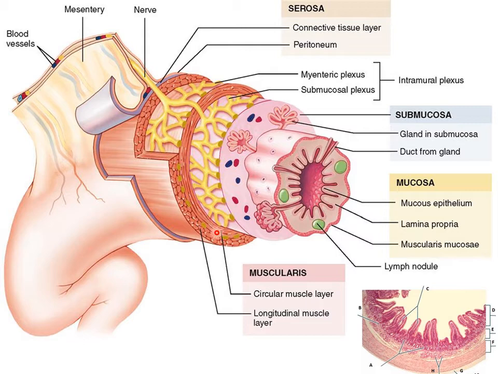There are two layers: the inner circular muscle layer and the outer longitudinal muscle layer. Please pay attention to the presence of the intramural plexus, yellow in color, and nerves. So the third layer, the tunica muscularis, is made up of smooth muscle tissue or striated muscle, depending on the region.